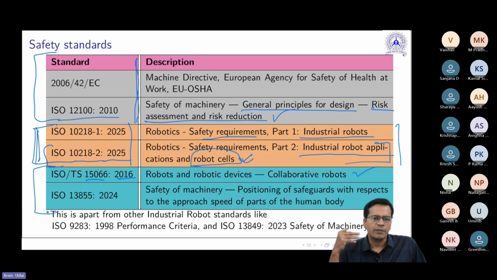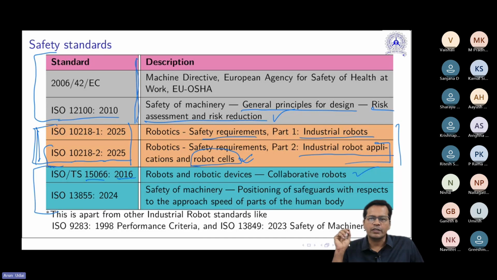How safe is my robot and my workspace? Because you are going to enter a workspace which is highly automated, and they are very, very dangerous. So these standards should be well known to you. And if you are buying a robot, you should look for whether your robot covers all these standards or not. If it does not, maybe the vendor is fooling you.